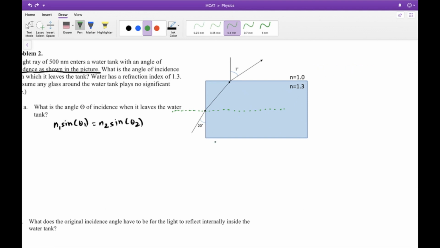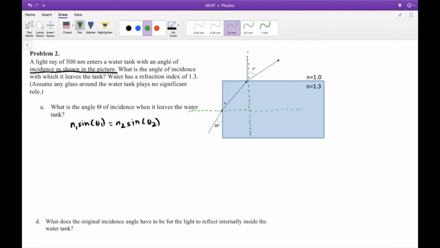In this case, we have a vertical interface between two mediums. So our normal line is always perpendicular, making a right angle with that surface. This green dotted line is our normal line, and I'm going to draw in a normal line for the exiting interface. Part of it's already drawn, but I'll extend this. There we go, like that.